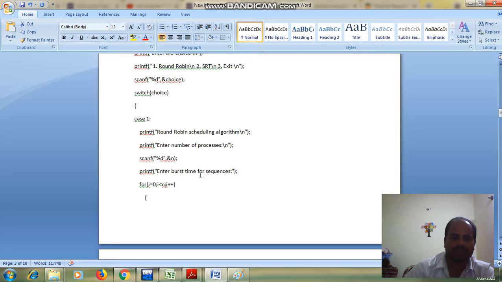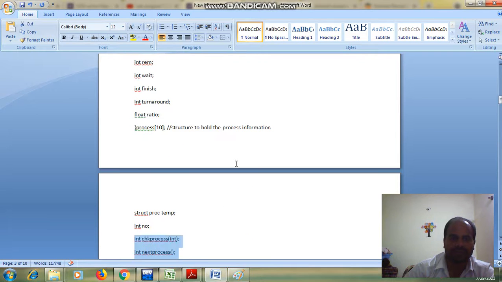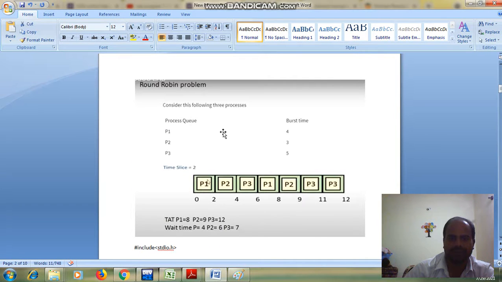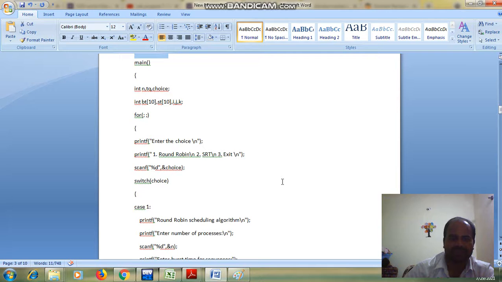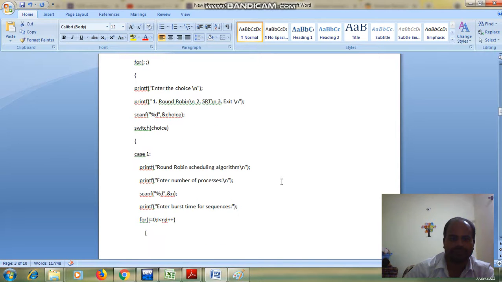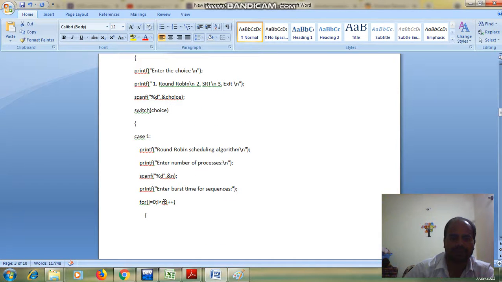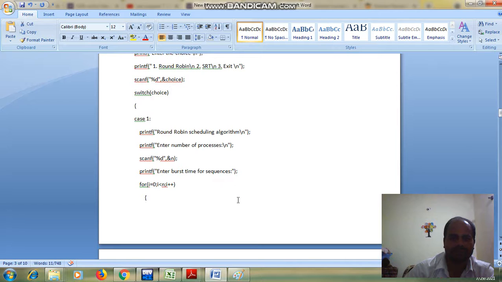Then enter the burst time of sequences. Here P1 is given 4, P2 3, and P3 5. So those values we have to enter.